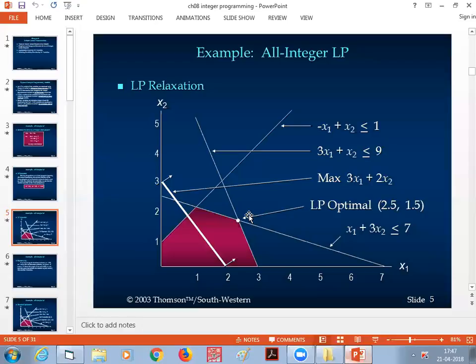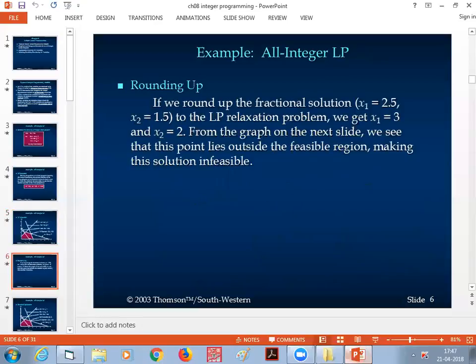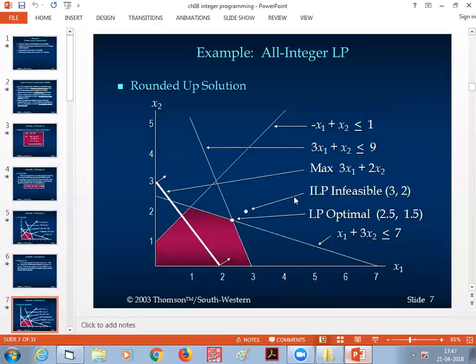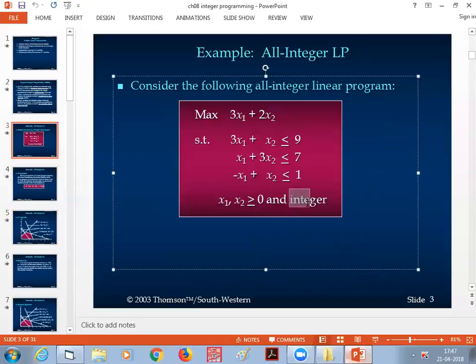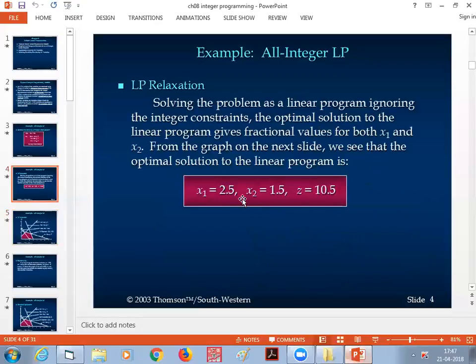So let's see what else can be done. If we round up, it becomes 3, 2, and that's outside the feasible region, because the problem said that both had to be integer, whereas 2.5, 1.5 are both non-integer.